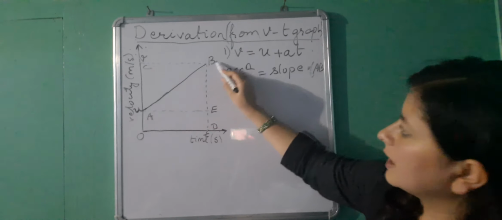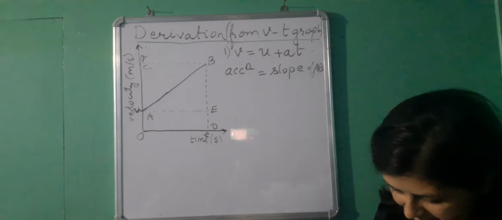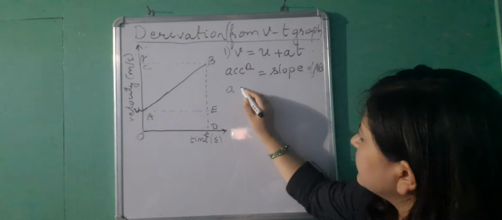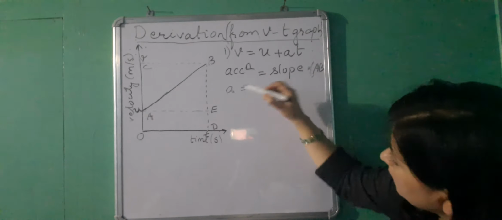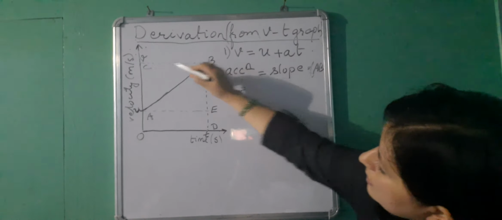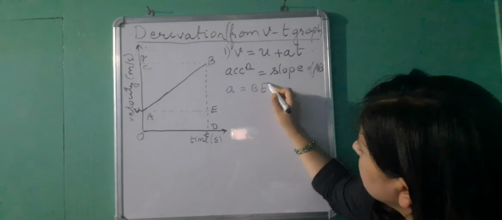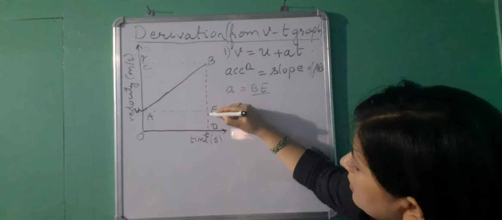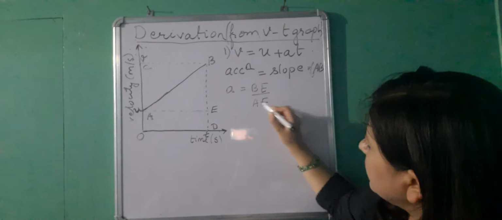So acceleration, denoted by the letter a, can be written as this minus this, that is BE, divided by AE, t2 minus t1, that is AE.